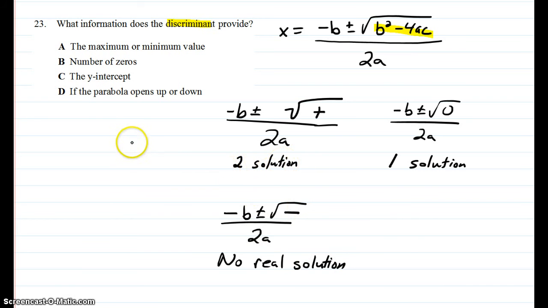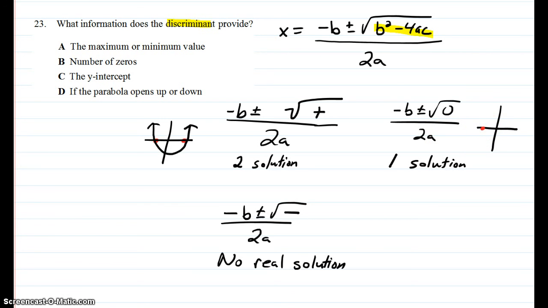So on the graph, the 2 solutions touch the graph twice. So you might have a parabola that opens up and touches the graph twice. When it's 1 solution, the graph only touches once.